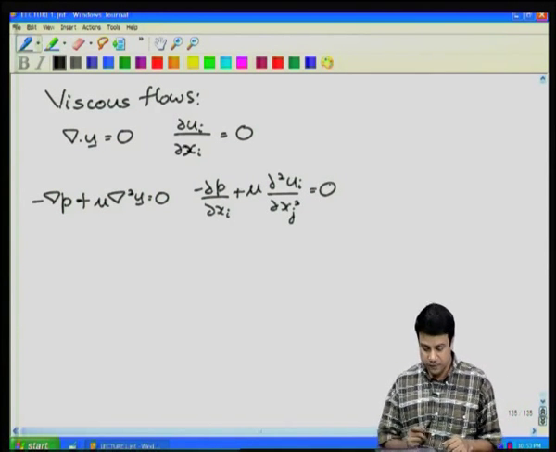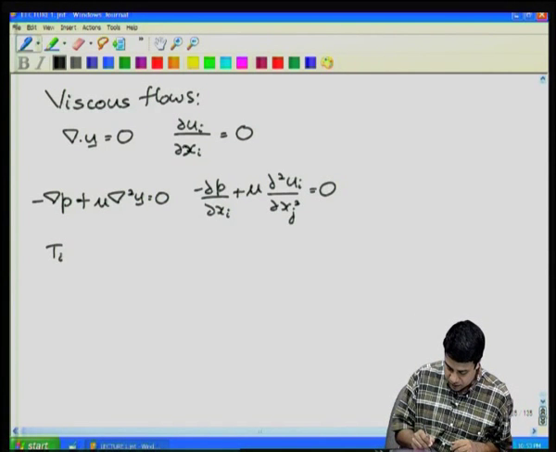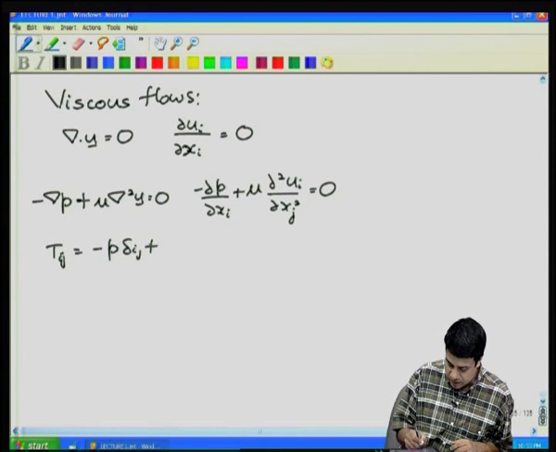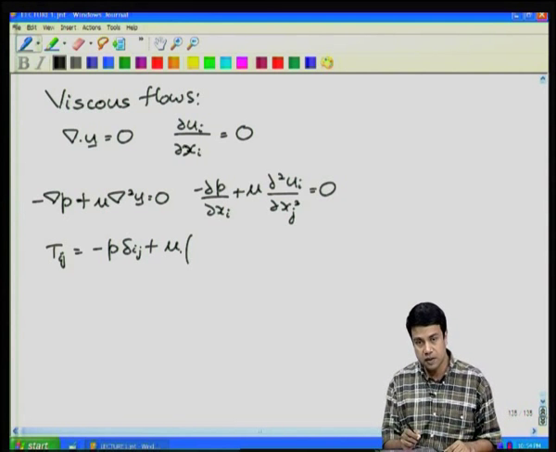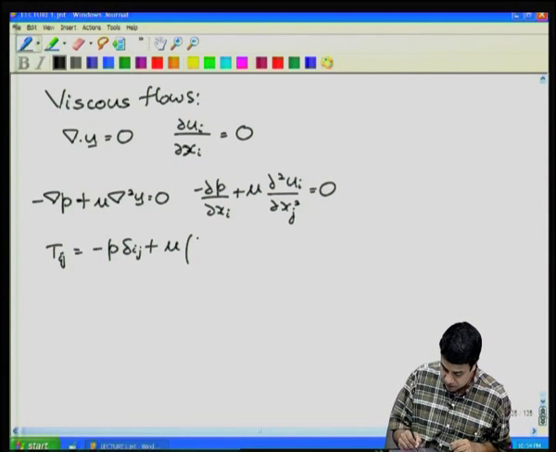And the stress is given by Tij equals minus p delta ij plus 2 mu times the symmetric part of the rate of deformation tensor. So, mu times partial ui by partial xj plus.